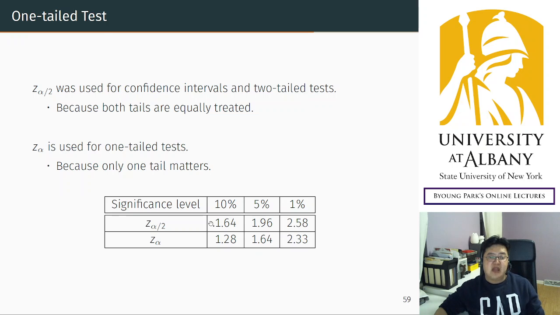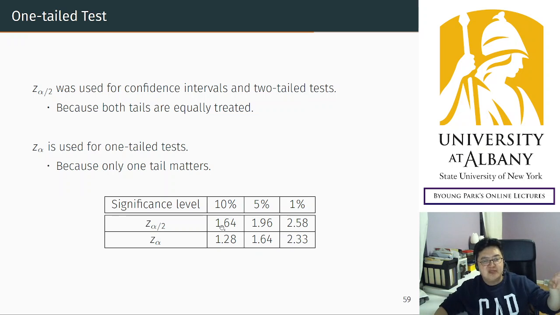But now, even if the significance levels are the same, just because I changed the test to one tail, those values should be changed. By the way, it's interesting. 1.64 was used for the 10% significance level because 10% was split into 5% on one side and the other 5% on the other side.